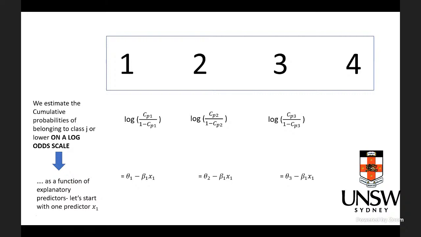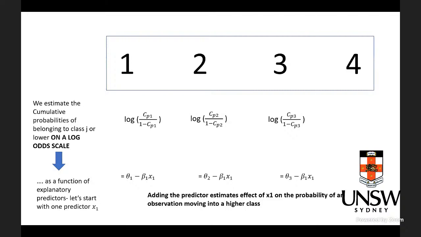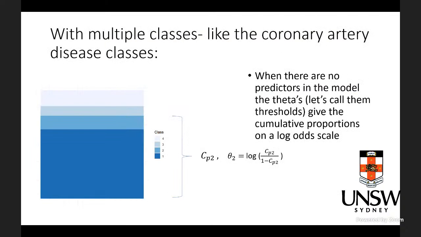If we had no predictors, we just have these thetas. They're like intercepts, except it's kind of weird to talk about intercepts, so we call them thresholds. Theta1 is the log of this function of CP1, theta2 is the log of this quantity, and so forth.